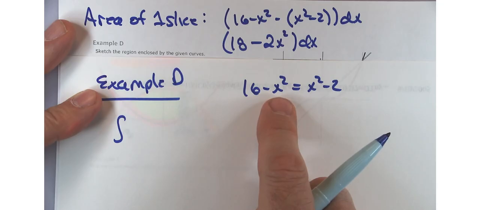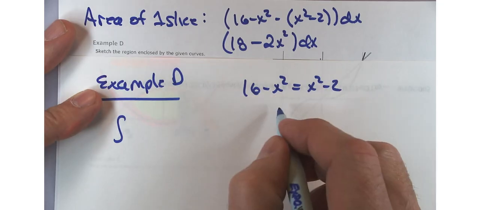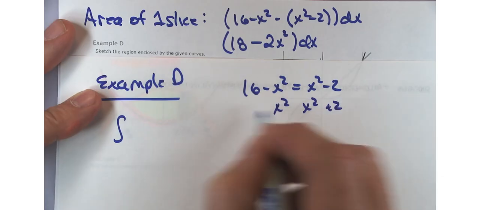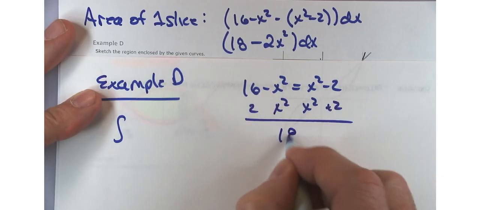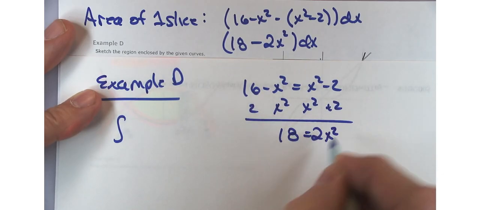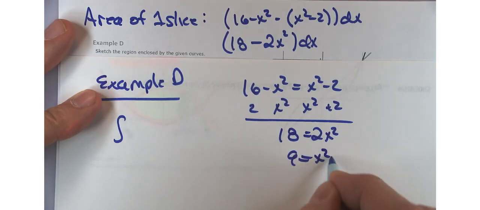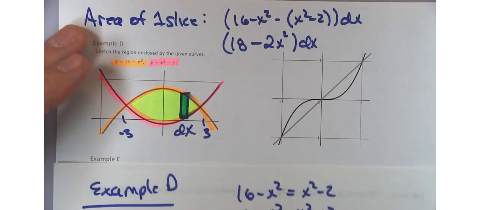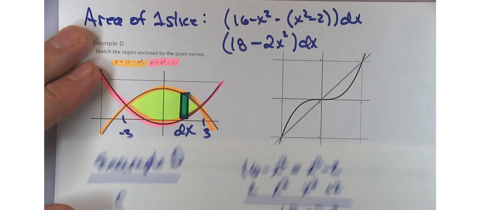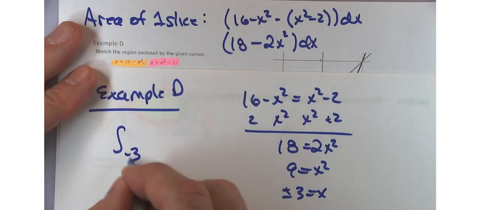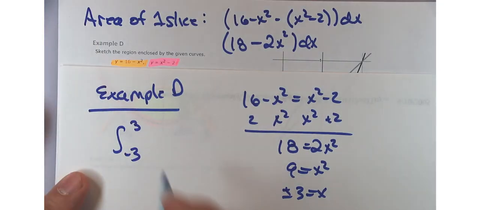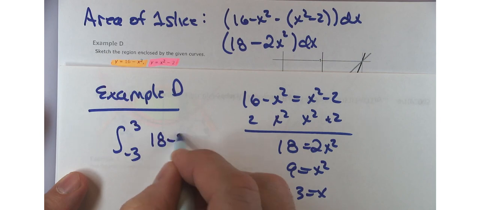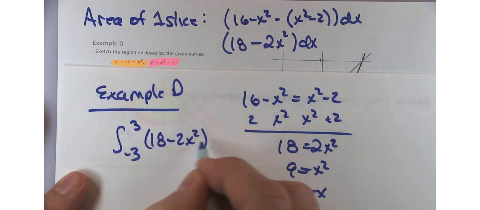I'll move the x squared to the right-hand side and the 2 to the left-hand side. I end up with 18 equals 2x squared. So 9 equals x squared, and plus or minus 3 equals x. So those are going to be my limits, -3 to 3. -3 to 3 of 18 minus 2x squared dx.